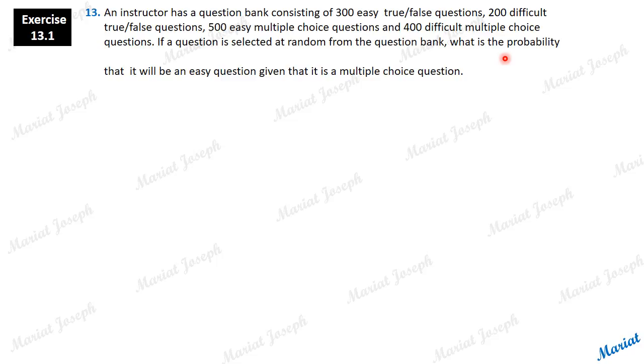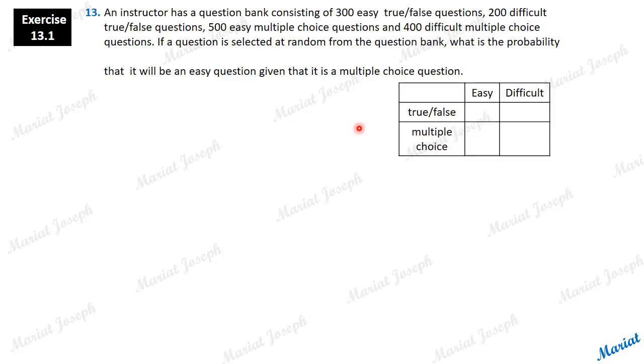So, let us see. The given data we are going to organize in a table. True or false questions or multiple choice questions. These two categories, both of them have easy questions as well as difficult questions. The data says there are 300 easy true or false questions and 200 difficult true false questions.